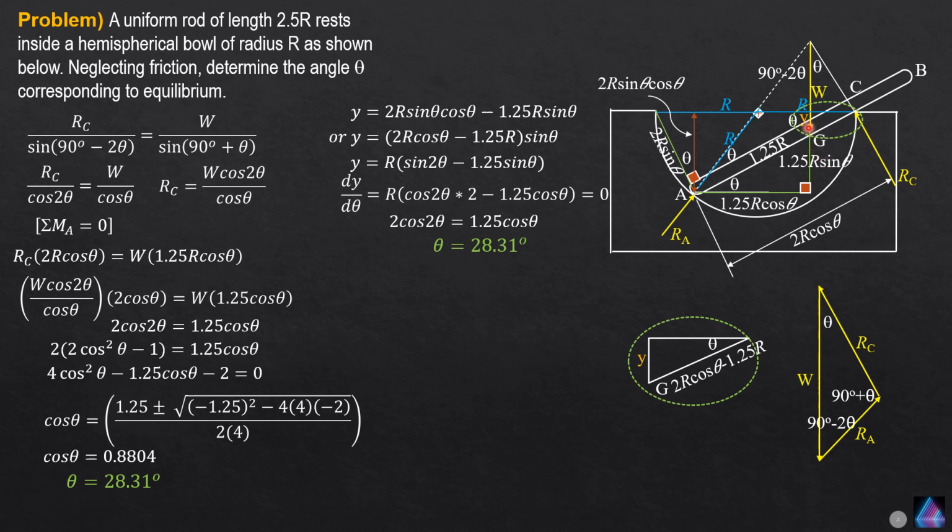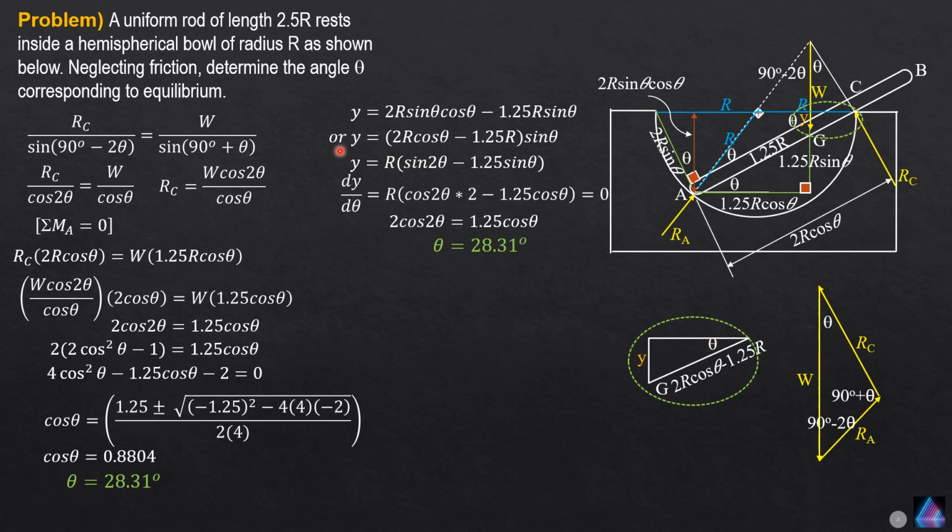Likewise, another way of expressing y in terms of r and theta is from this triangle here. Since the distance from A to C is 2r cosine theta and the distance from A to G is 1.25r, therefore this length from G to C is 2r cosine theta minus 1.25r. If that's the hypotenuse, then y is hypotenuse times sine of theta.